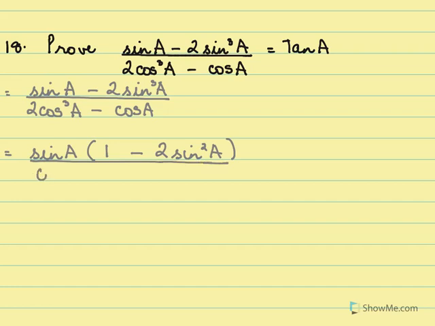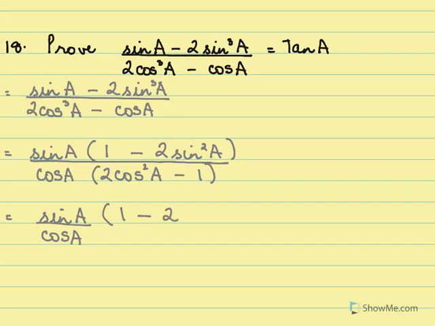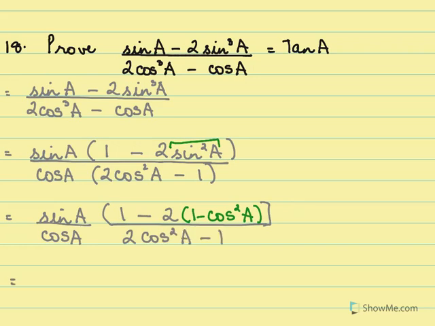In the denominator I'm going to take cos A common out. So here you have cos cube, so when 1 cos A goes out, what will remain is cos square A minus 1. Now in the next step I'll write this as sine A over cos A, 1 minus 2. Now for sine square I'm going to put 1 minus cos square A, and I'll write the denominator as it is, 2 cos square A minus 1.